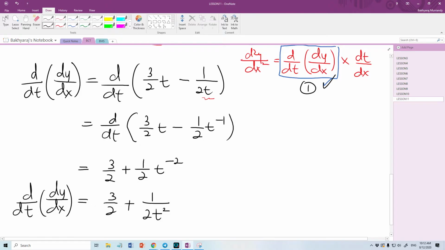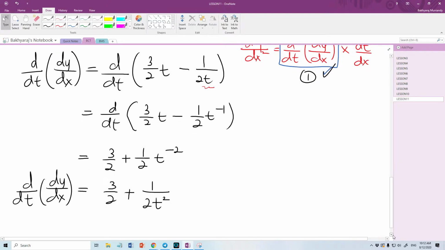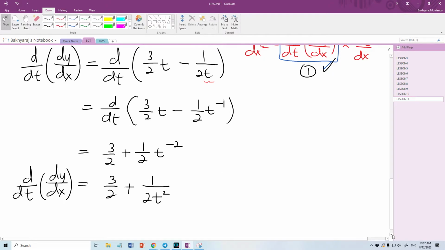Okay, now you know what is right? dt over dx, right? So dapatkan balik dt over dx. Okay, we already did in the first question, right? Roman 1 kita dah buat tadi. So kita boleh dapatkan balik dt over dx. So dt over dx is what?